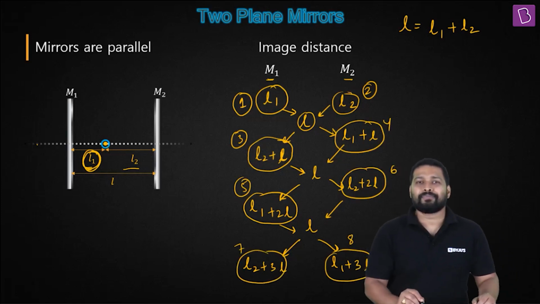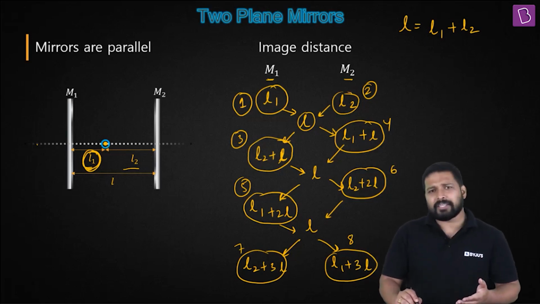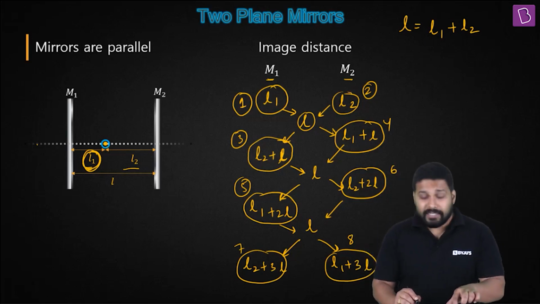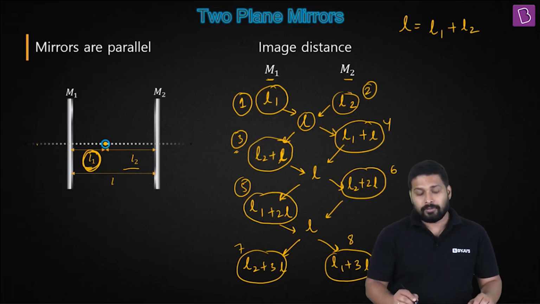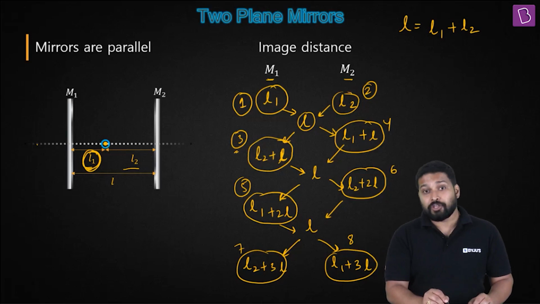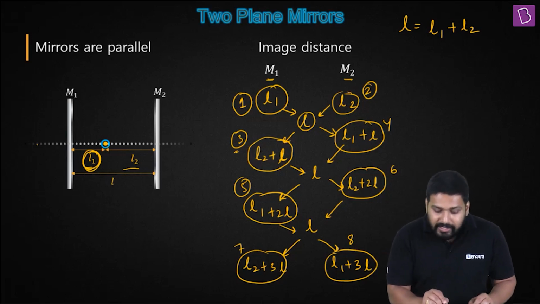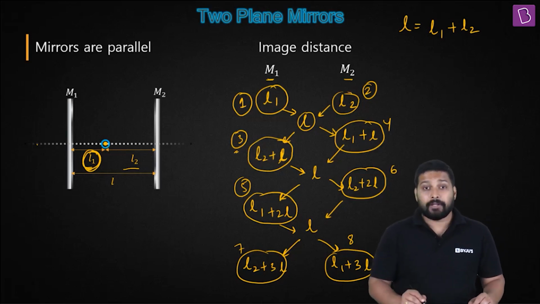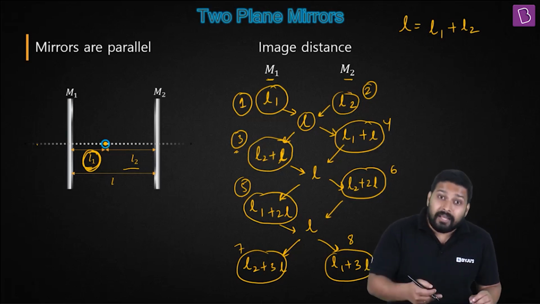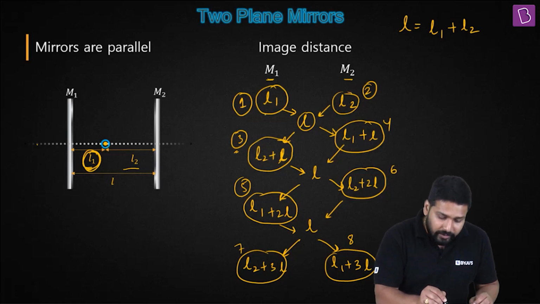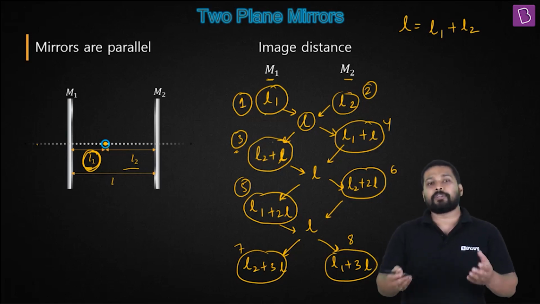Did you understand? So this is how you can just count it. This is how you can know the distance of the third image from the first mirror is L2 plus L. The distance of the fifth image overall, which is the third image inside M1, is L1 plus 2L.